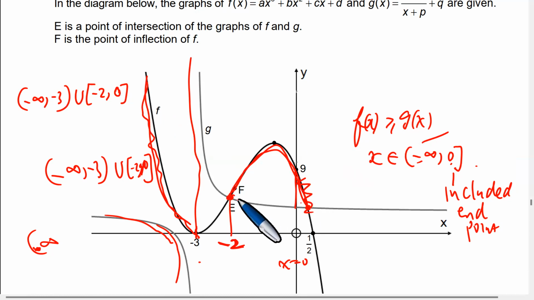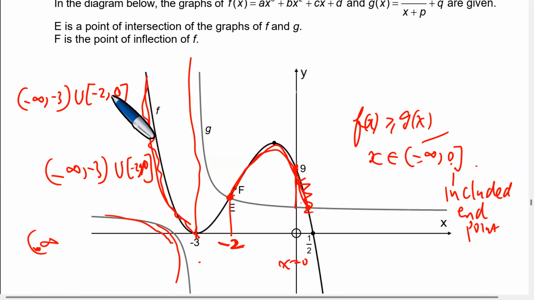Here they're equal at minus 2. And then when you get to this point, g is... okay. Now at this point, you can see that f is above. So at x equal to 0, F is greater than g.